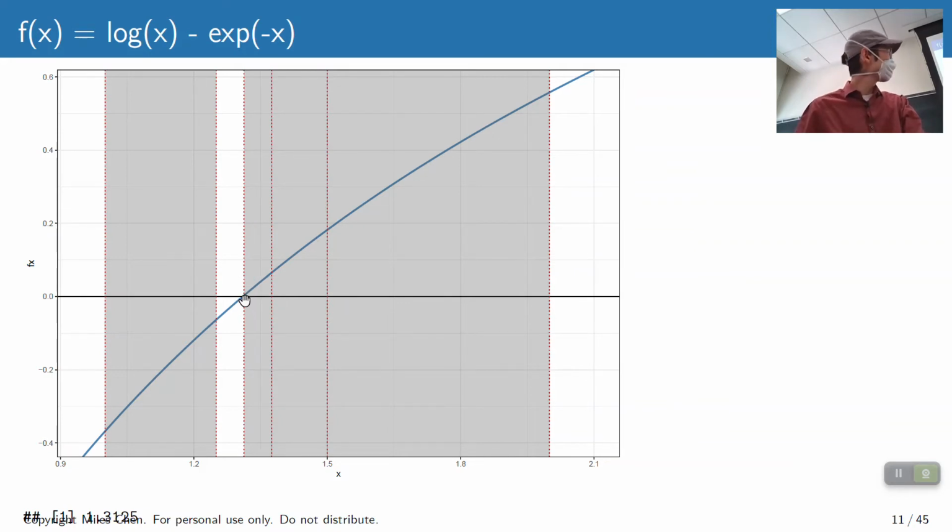The midpoint here is right here. It looks like it's very close to 0, but it's not within the tolerance. So we're going to keep going, and we're going to throw away this side. This side is very close to 0 and this side is negative, so we're going to throw away that side and keep this side over here. I halve this, and I throw that away. I halve that further, and I throw that away. And we just keep going and going.